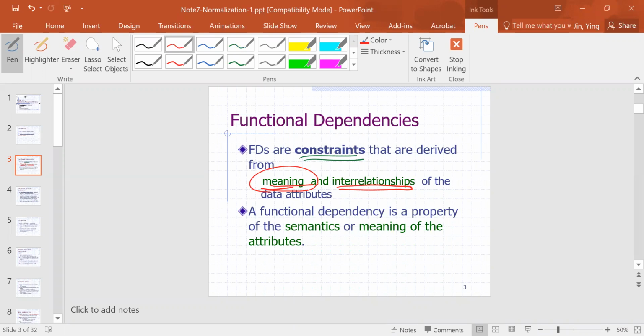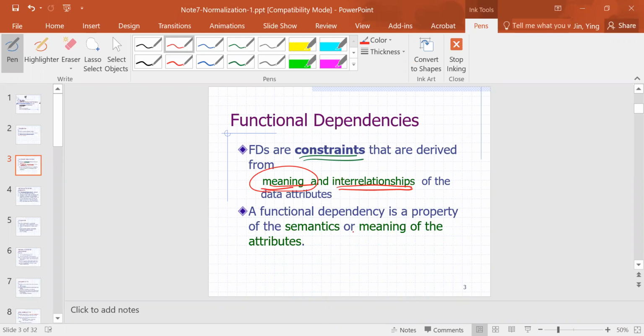User requirements give us the meaning of two attributes, and we can derive that information to know how they relate. And of course, some of them are common sense, for example, social security number. We know a social security number is unique for every single person in the United States, so when we know a social security number, it's guaranteed to relate to only one person.